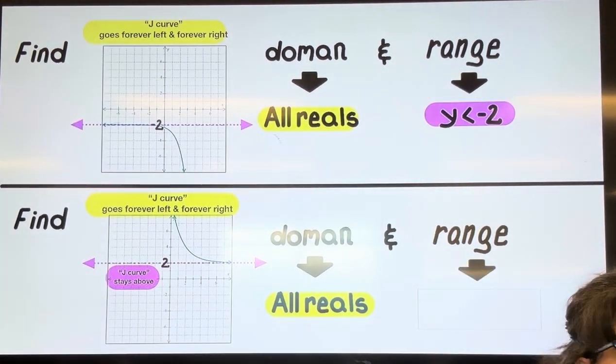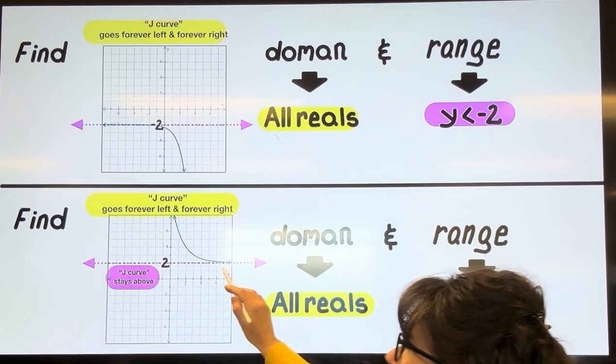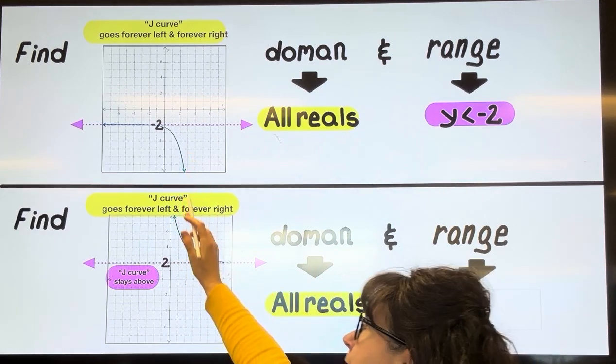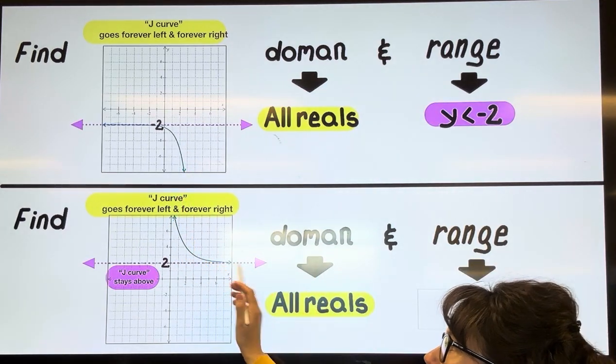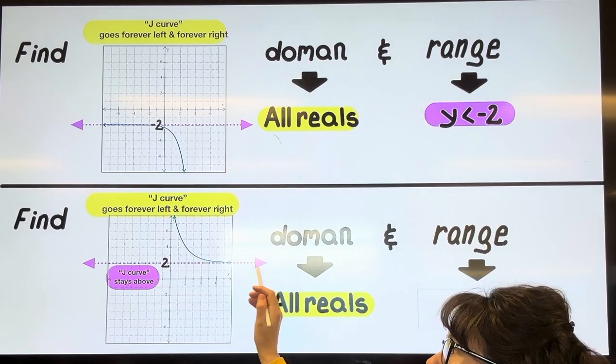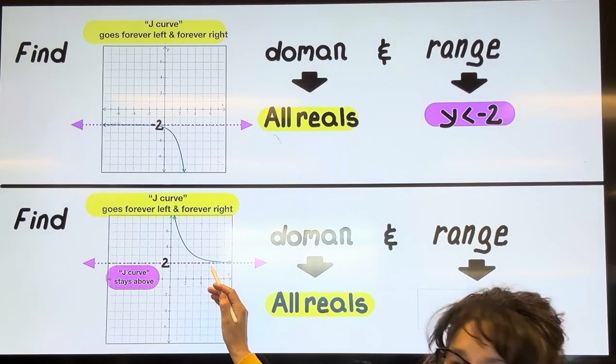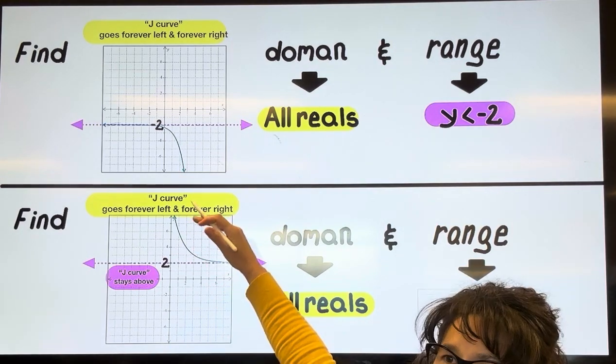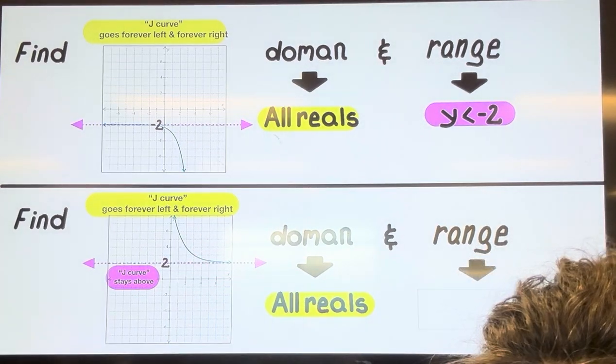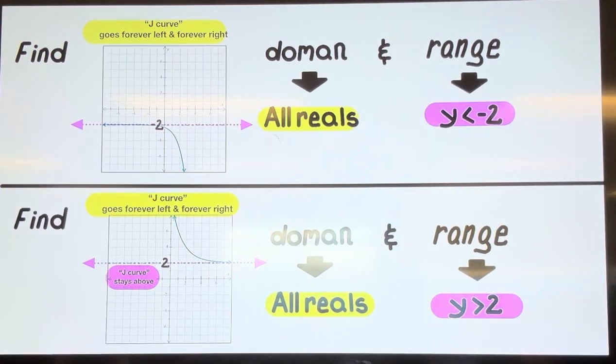Then the range is the height. This one goes up forever, but it's never going to go lower than this purple asymptote at 2. So my y coordinates are going to be bigger than 2. So y is greater than 2, because it has to stay above 2.